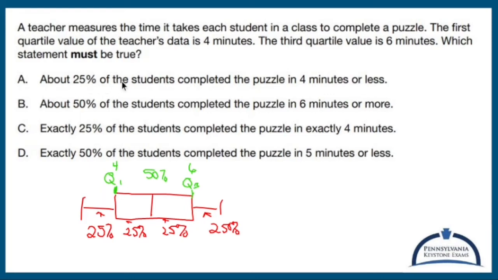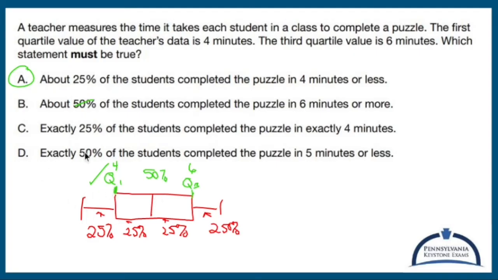About 25% of the students completed the puzzle in 4 minutes or less. That's actually true. About 50% of the students completed the puzzle in 6 minutes or more. Nope, that should be 25. Exactly 25% of the students completed the puzzle in exactly 4 minutes. Well, we don't know that. That's just kind of like a median type number, but a median for the lower half.